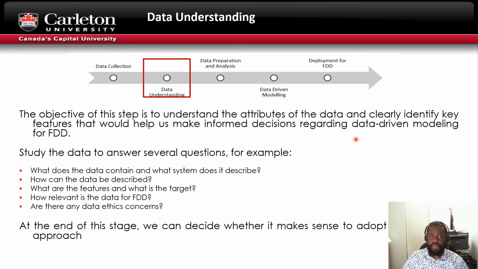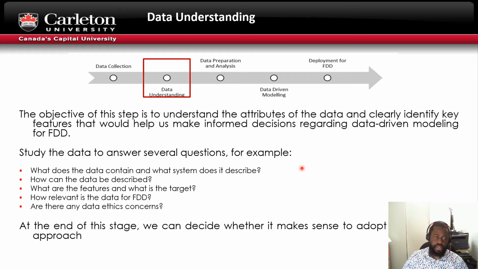The next step after data collection is data understanding. The objective of this step is to understand the attributes of the data and identify the key features that will help us make an informed decision on whether or not fault detection and diagnosis is useful with this data set. So we need to study the data to answer several questions.